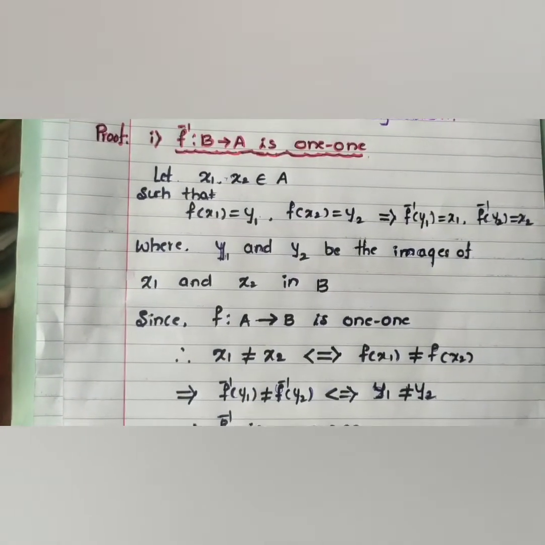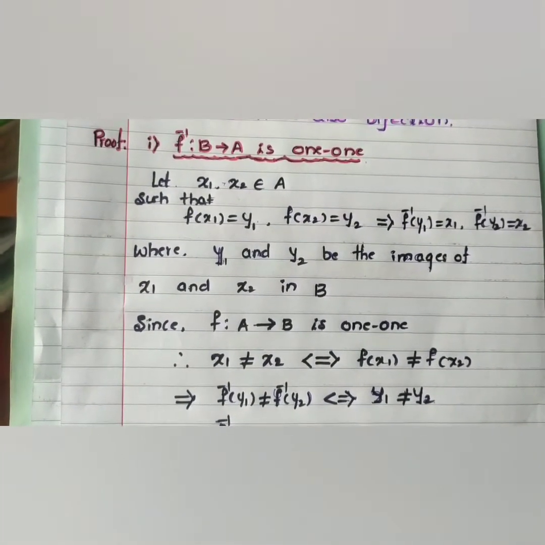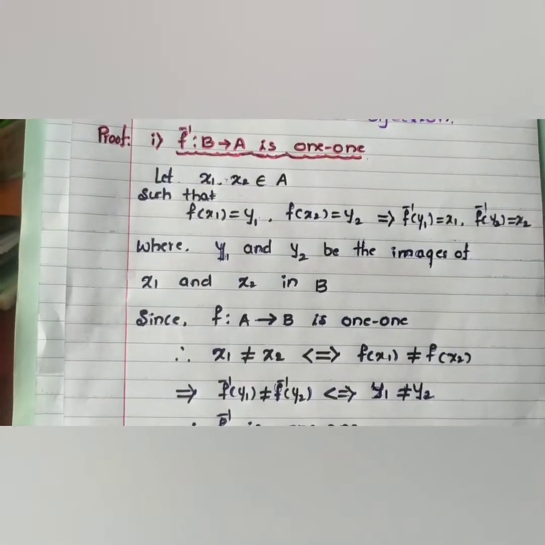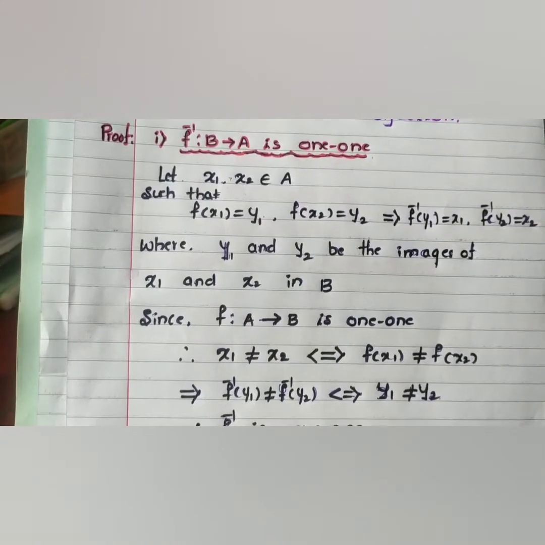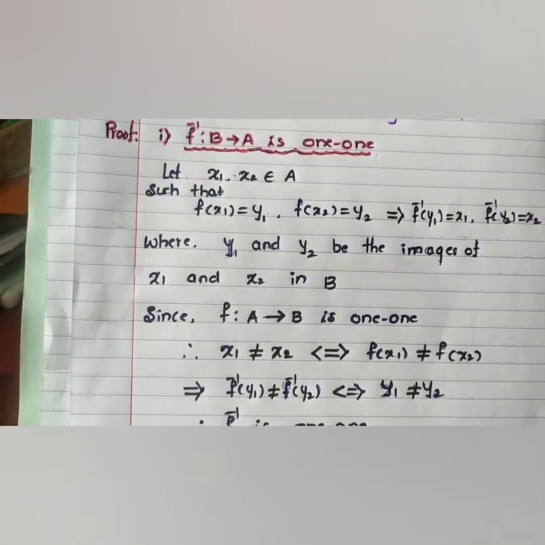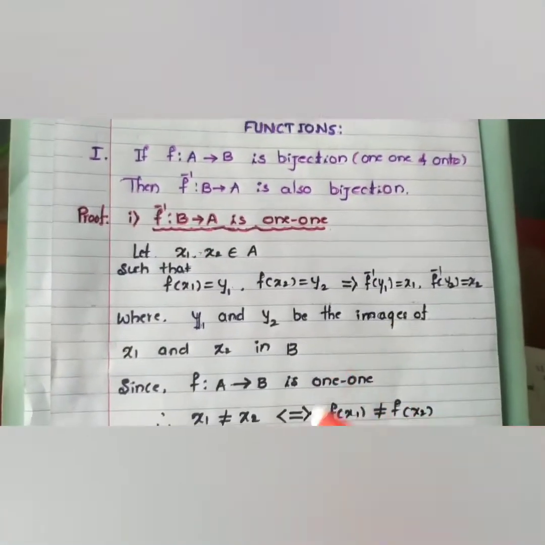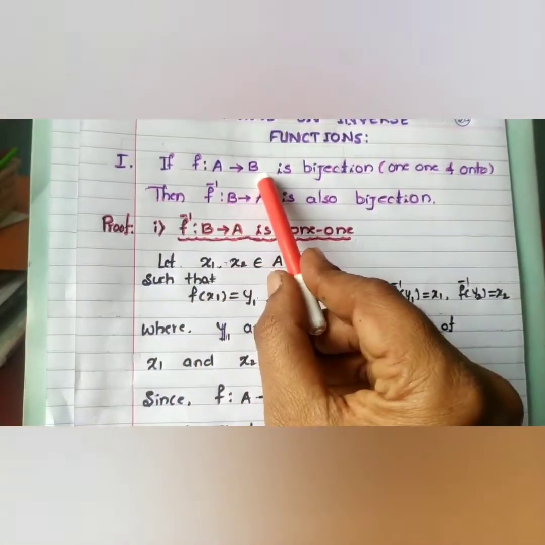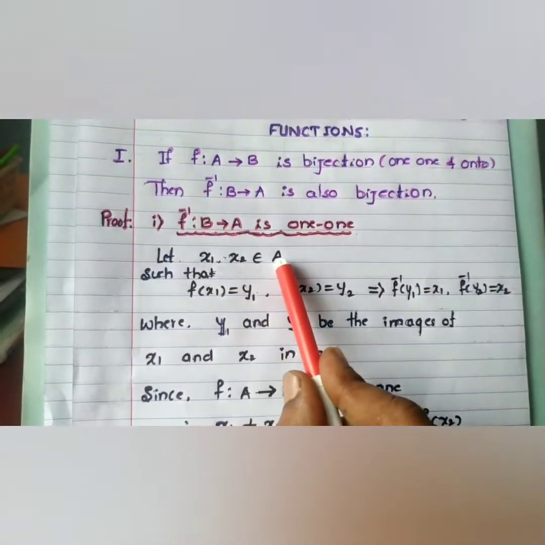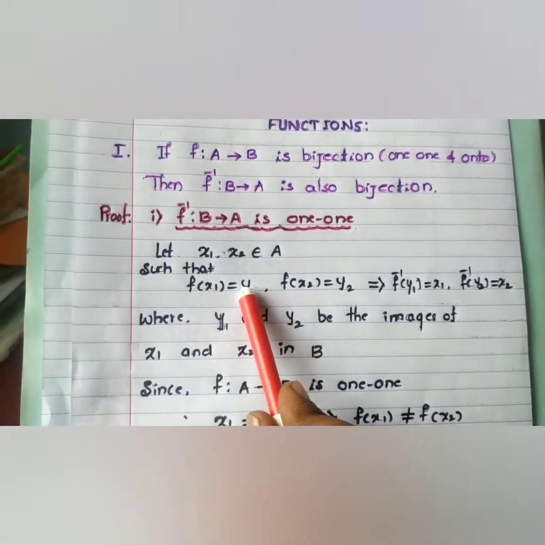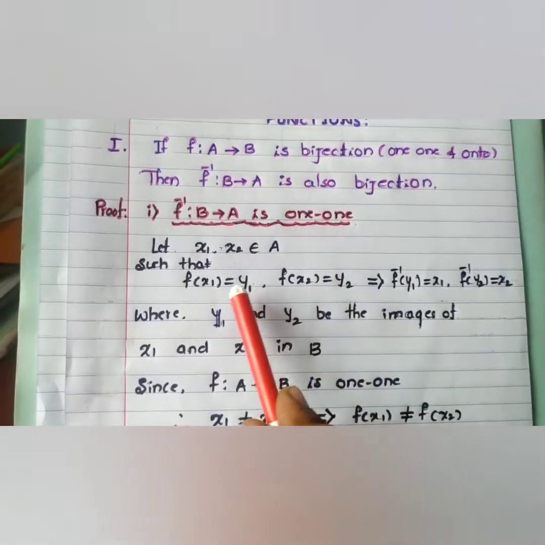Let us start with f inverse from B to A being 1-1. For that, I consider x1 and x2 to be two elements of A. As f from A to B is a function, immediately f of x1 is equal to y1 and f of x2 is equal to y2.